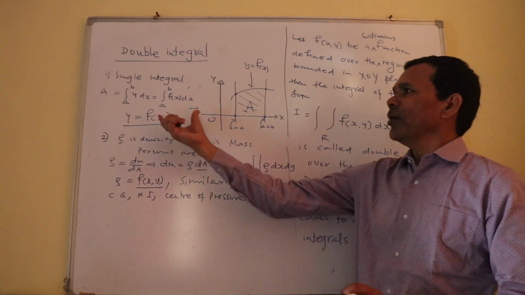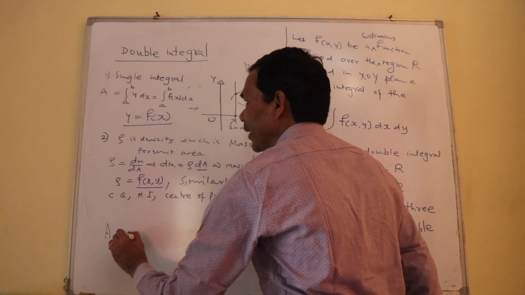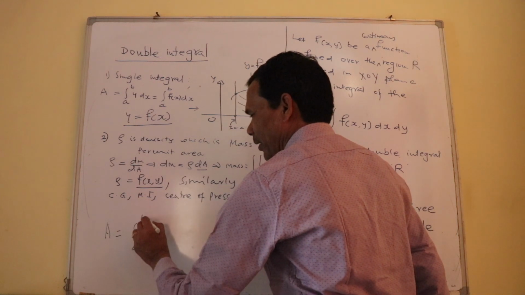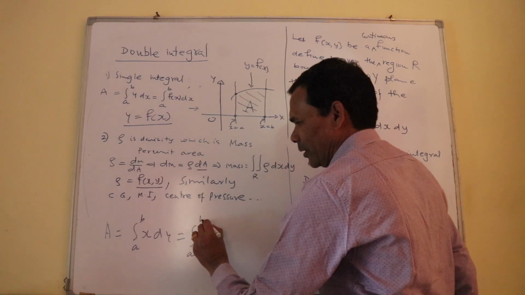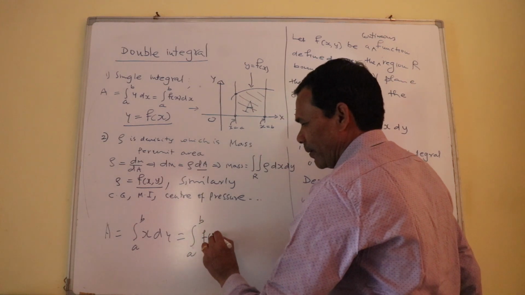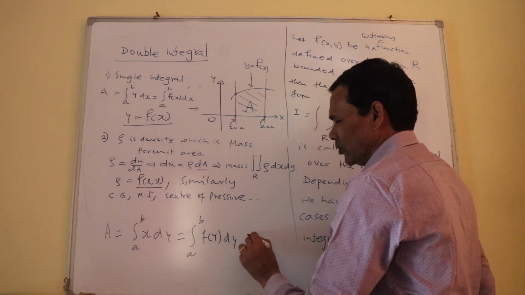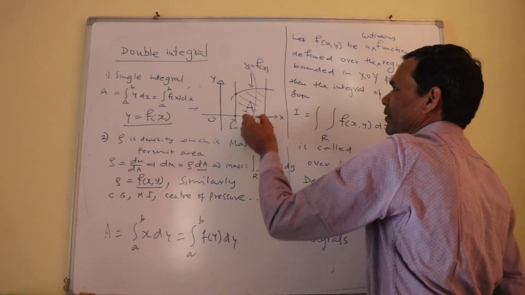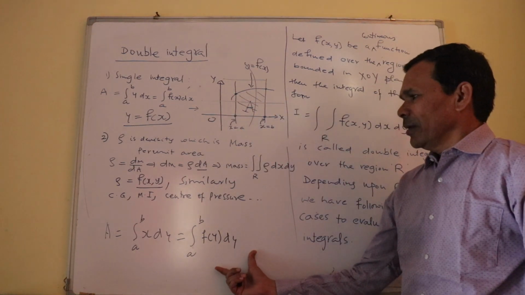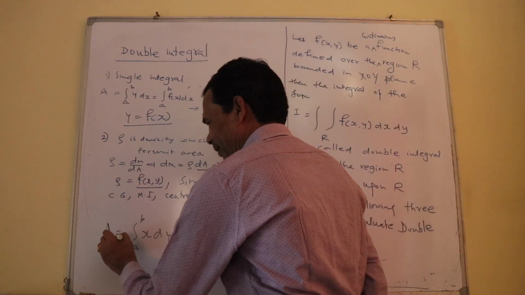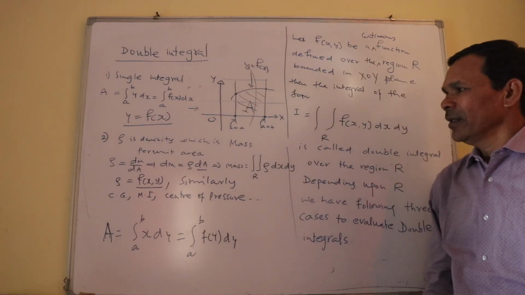Similarly, if you would like to write the area under the y-axis, then you might have learned in 12th standard the integral from a to b of x dy, that is, f of y into dy. This is the area under the y-axis. The basic application of the single integral is to find area.